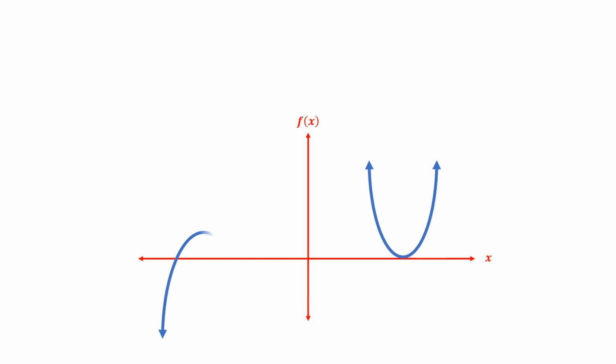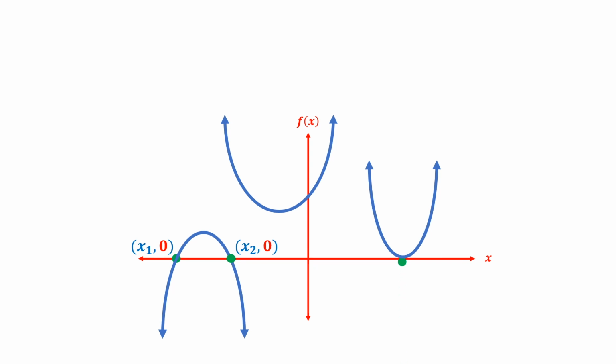The parabolic structure allows the graph of a quadratic function to intersect the x-axis in three different ways. The parabola may cross the x-axis once. It may cross the x-axis twice, or it may not cross the x-axis at all.